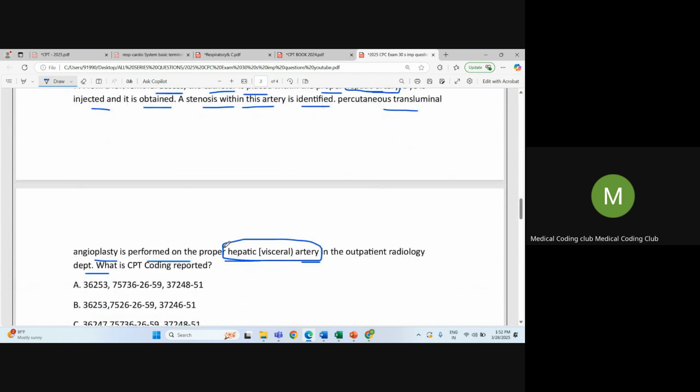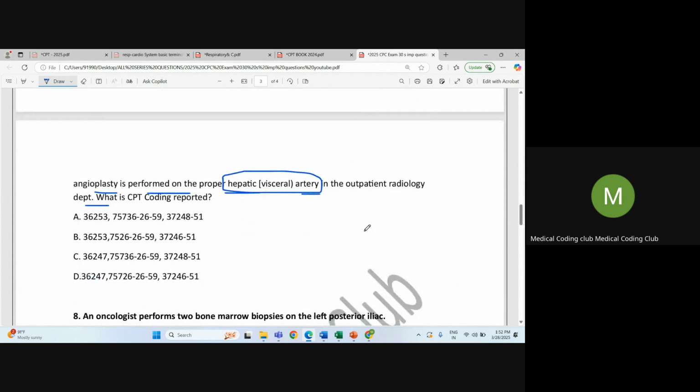In selective catheterization, you are already aware that you will keep 362 common, and for the fourth digit and fifth digit we have the guideline. The fourth digit is based on whether the artery is above the abdomen or below the abdomen. If it is above the abdomen, you will take the 3621 series, and if the artery is below the abdomen, you will take the 3624 series.